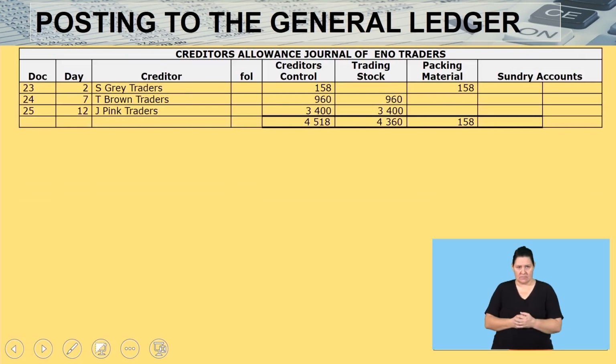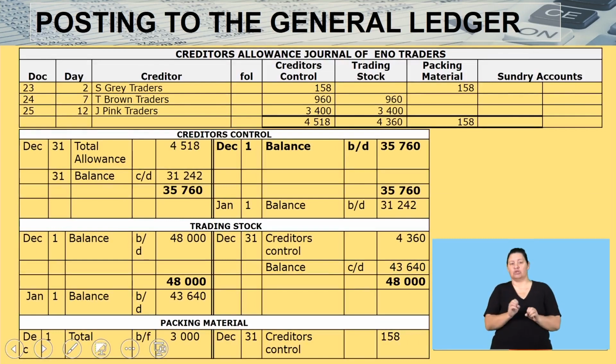So here is our creditors allowances journal, and we are now going to see our general ledger. The first account is the creditors control. Creditors control is a liability. That means it increases on the credit side, and it decreases on the debit side. So it will start off with a balance, which is 35,760.